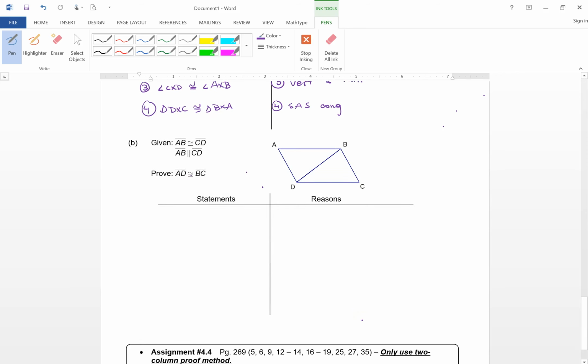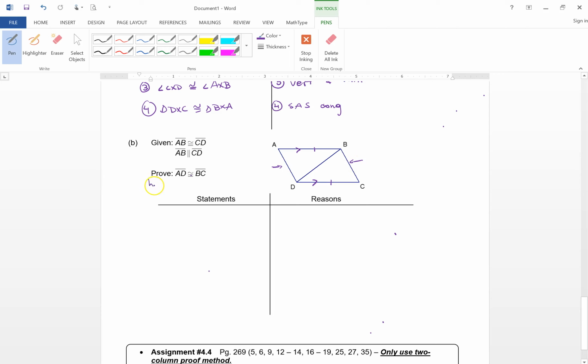In this next one, we have AB congruent to CD and AB parallel to CD. Now, whenever you have two lines that are said to be parallel to each other, that's a clue for you to look for corresponding, alternate interior, and so on. We want to prove that AD is congruent to BC.